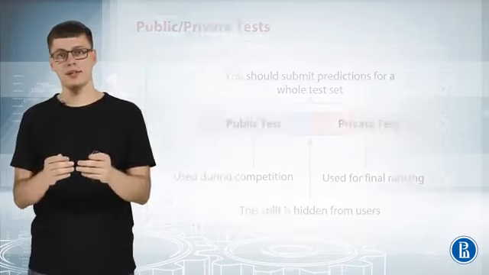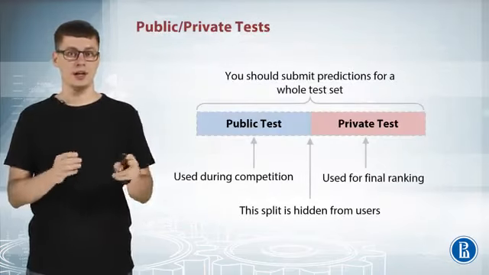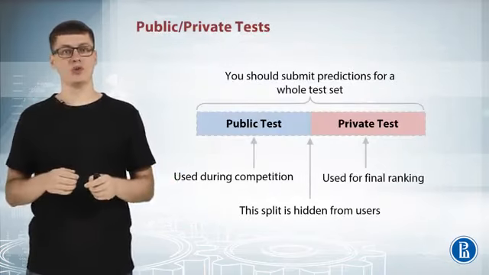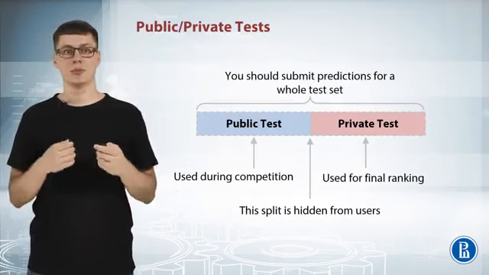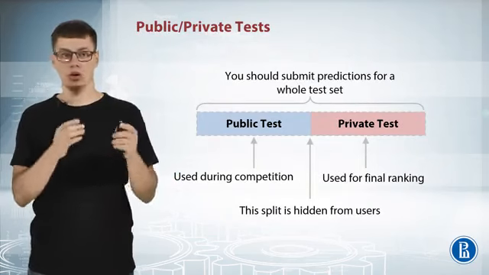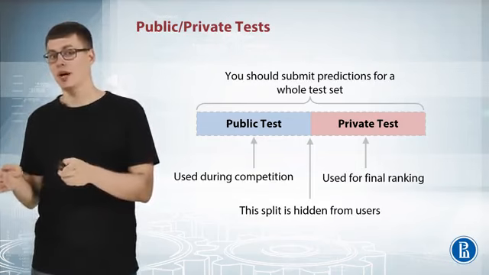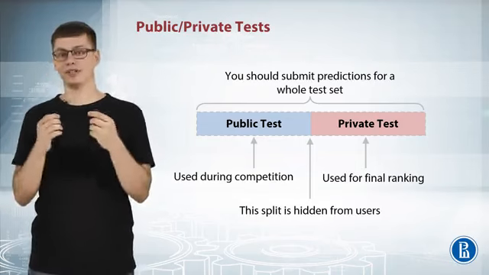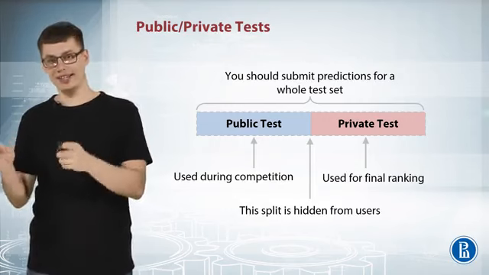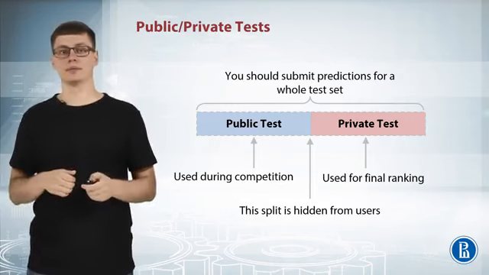In order to handle this, the test set is divided into two parts, public and private. This split is hidden from users, and during the competition, we see the score calculated only on the public subset of the data. The second part of the test set is used for the private leaderboard, which is revealed after the end of the competition. Only this second part is used for the final rating.